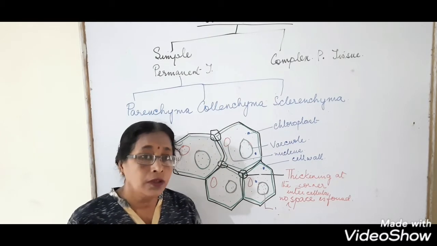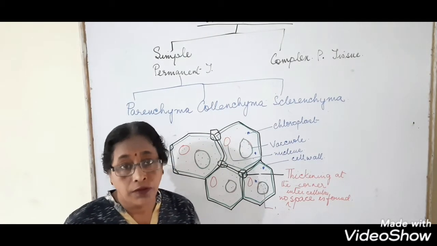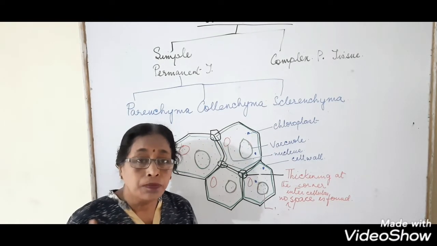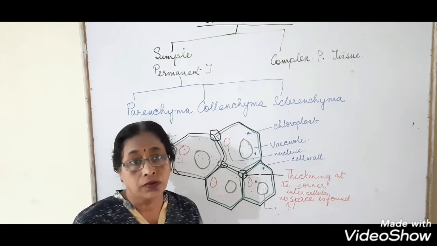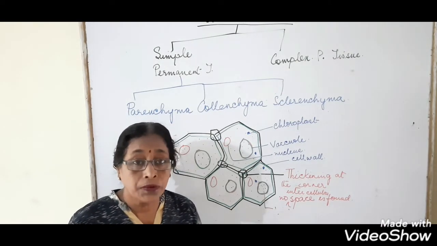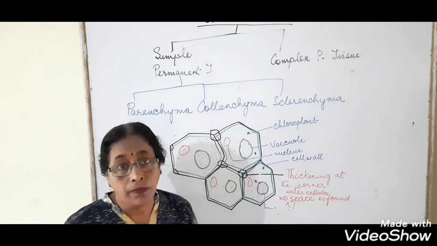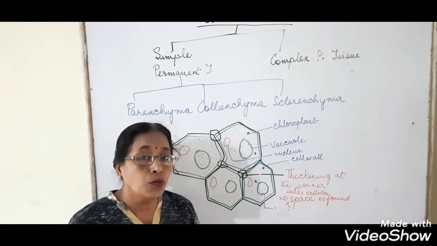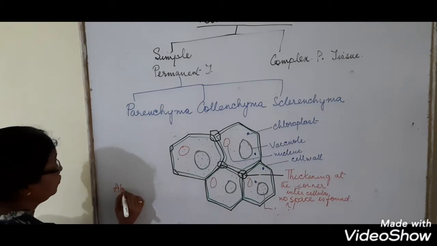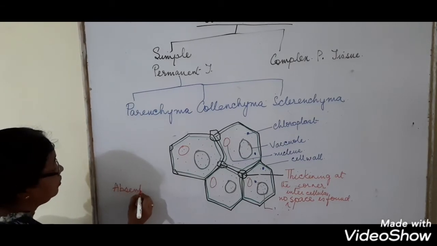They are found below the epidermis of the stalk of the leaves and in the new stems, that is, in the soft stems of the dicot herbs, herbaceous dicot plants. They are absent in the monocots, completely absent.